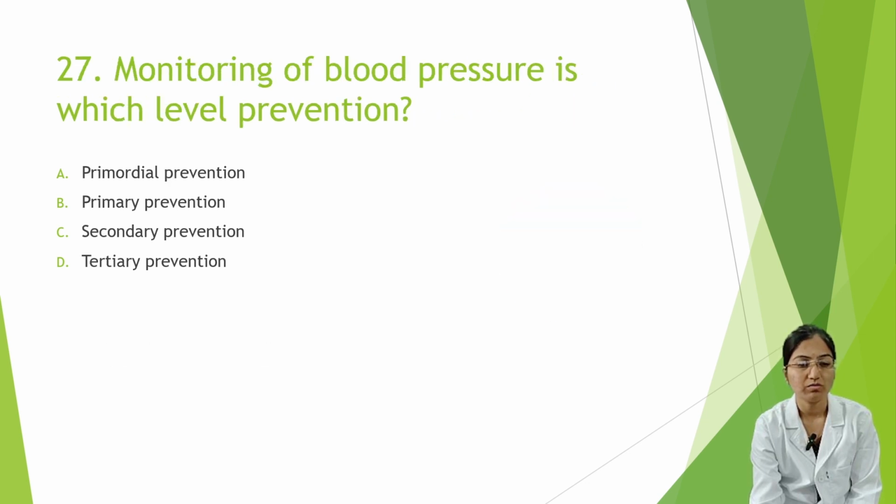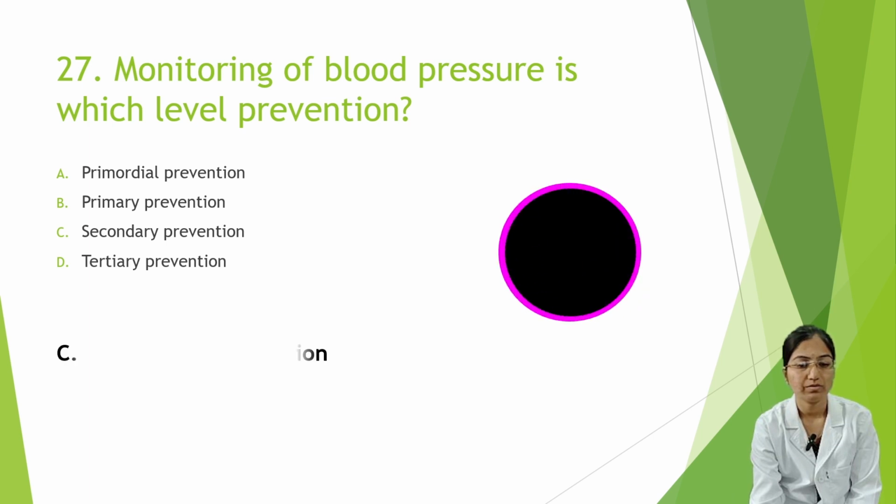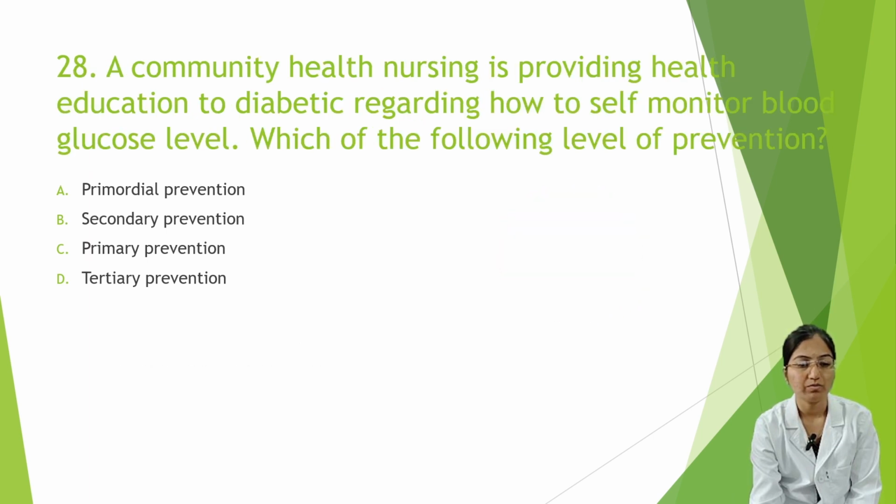Specific protection. Monitoring of blood pressure in which level prevention? Secondary prevention. A community health nursing is providing health education to diabetic regarding how to self-monitor blood glucose level. Which of the following level of prevention?